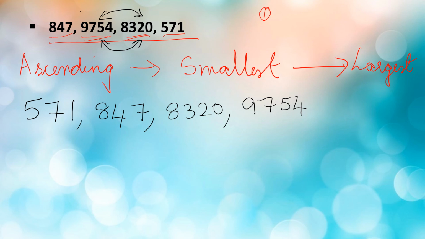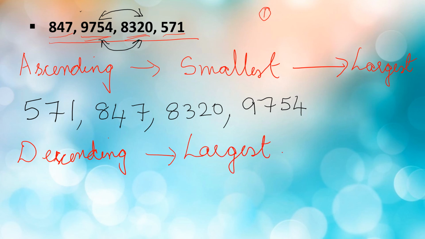Okay, now we will do descending order. For the same numbers, we will do descending order. How will you do the descending order for these numbers? You know, it is just the opposite. You will have to write from largest to smallest, right? You have already got the numbers from smallest to largest. So how do you write from largest to smallest?